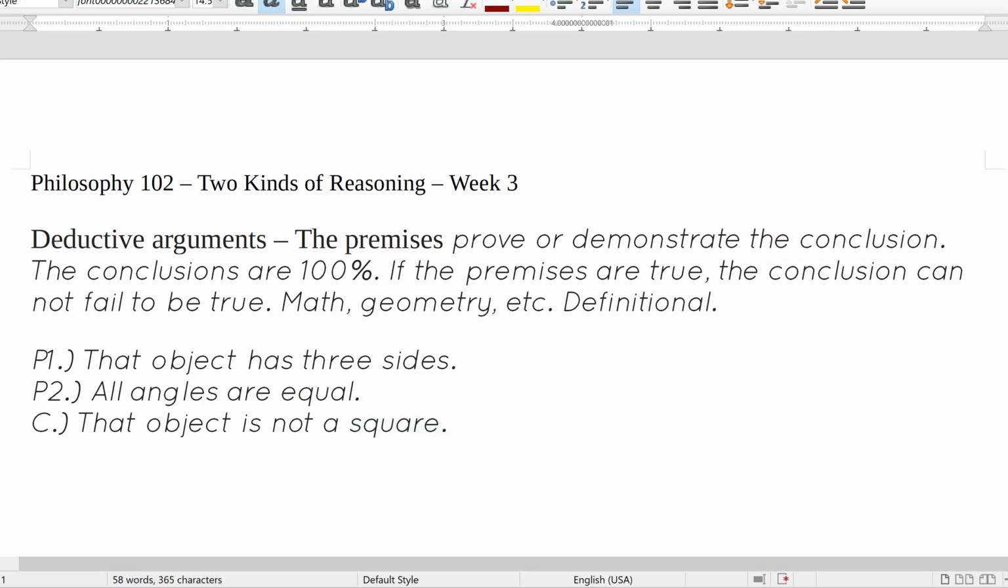Another feature that I want to talk about that may make this a little more simple for you guys, it's kind of nuanced, is that deductive arguments reason from the general to the specific.